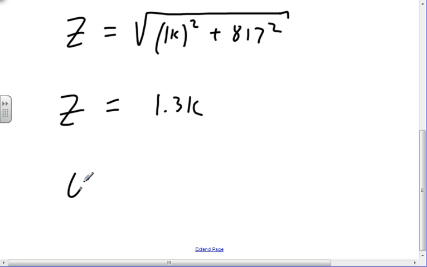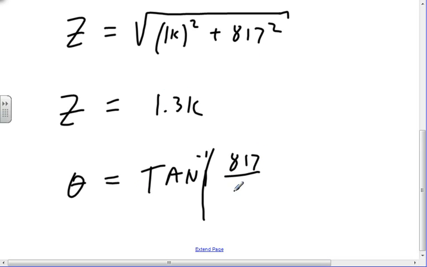1.3K. And our angle is going to be the arctangent of the X of L, 817 divided by 1,000, which would be something less than 45 degrees. Unless, of course, I don't put enough zeros here and the front row complains about it and then I have to change it.